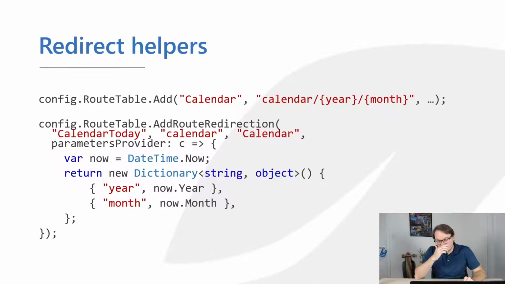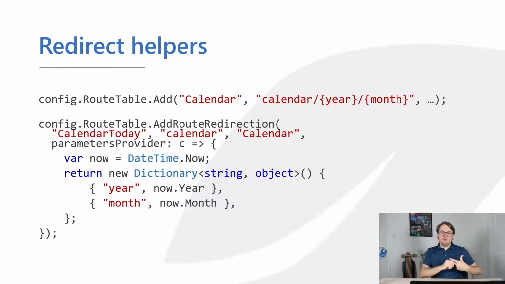There's another scenario. For example, if I want to create a calendar page and I want to have the year and month in the URL, so for example, calendar/2020/11 for this month, but also if you want to create a new URL where you don't need to specify the month and year, and if you don't specify it, you want to have the current year and current month as a default, it's not a good idea to put it in the route parameters, because the route configuration is initialized when the application starts, and when the application starts on 30th November and spans into December and is still running, the route parameters will be outdated.